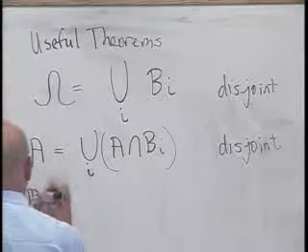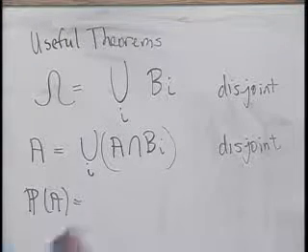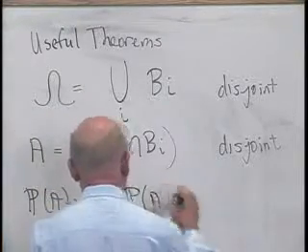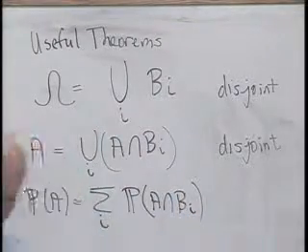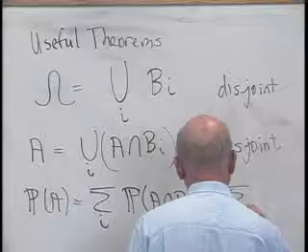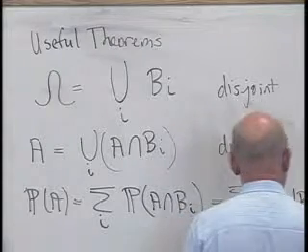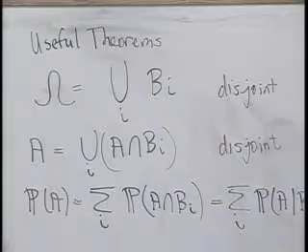Now, the probability of event A can therefore be calculated in the following way, of which you have seen a couple of special case examples already. It's the sum over i of the probability of A intersect B sub i. And frequently when you go to calculate this, you calculate it as the probability of A given B sub i times the probability of B sub i.